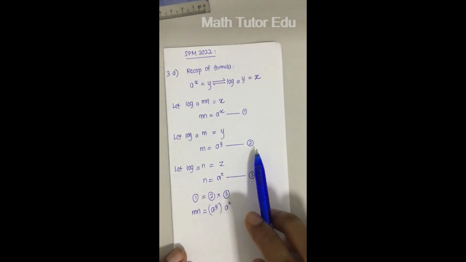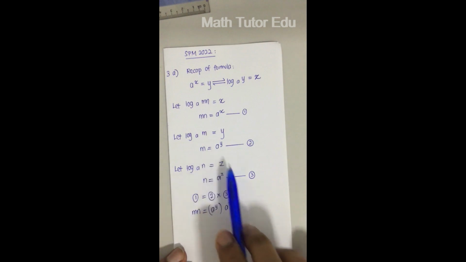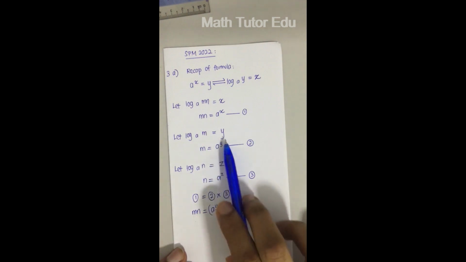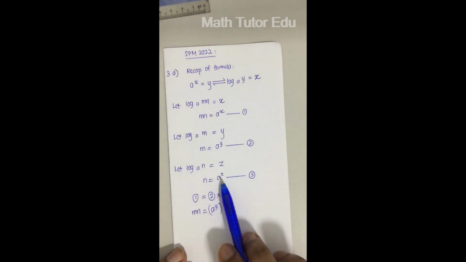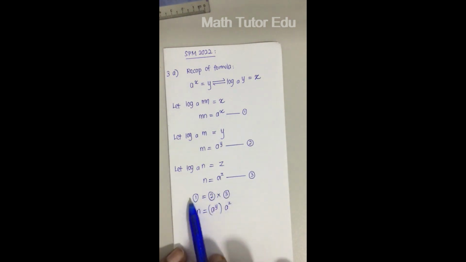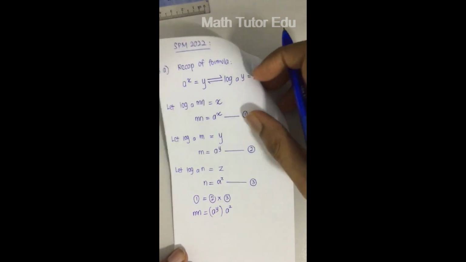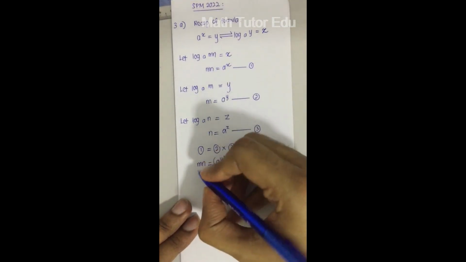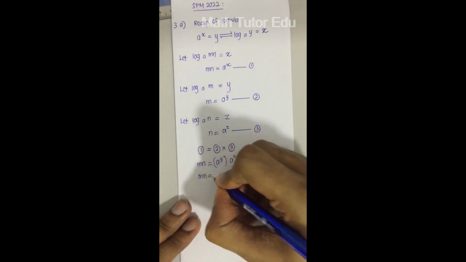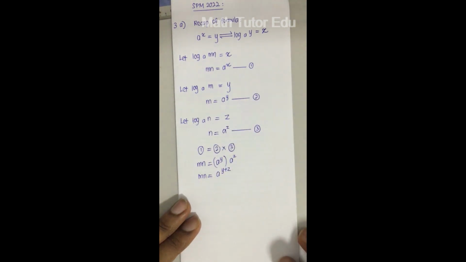They are both interrelated based on this relation. Since they both have the same base, you can just add the indices together. So mn is equal to a to the power of y plus z.